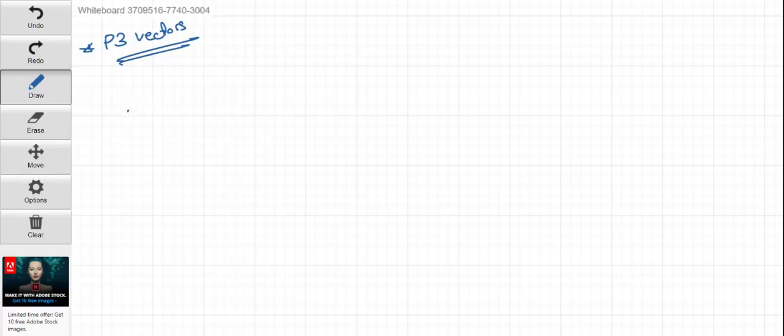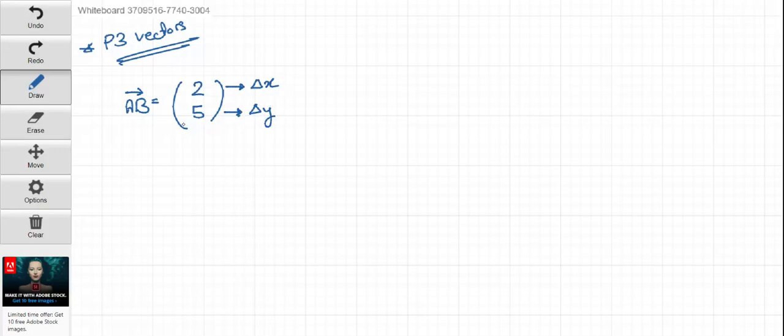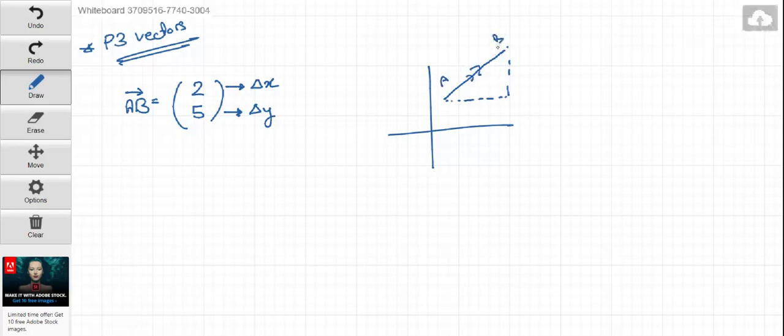So, for example, if I say the vector AB is denoted by a column vector (2, 5), it means that in order to go from A to B, the displacement in the x direction is 2 units, the displacement in the y direction is positive 5 units. Or simply, in order to go from point A to point B, you'll have to go 2 units to the right and 5 units vertically upwards, and that leads to the vector (2, 5).